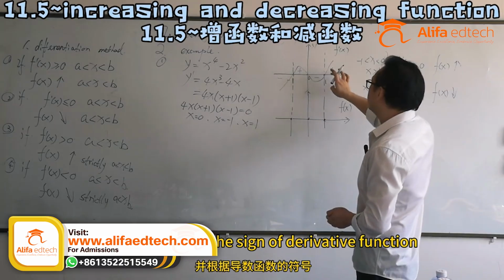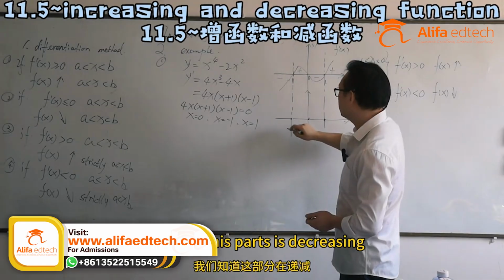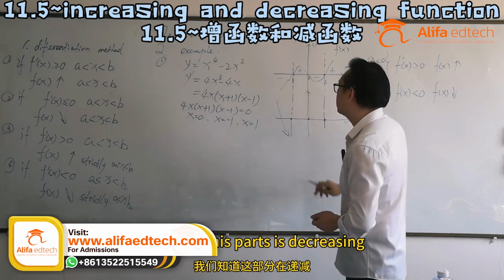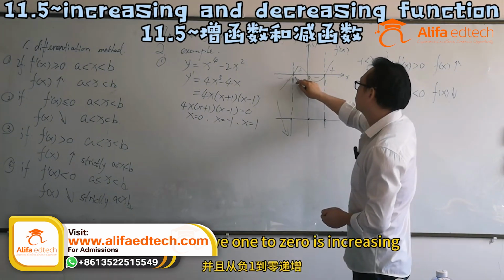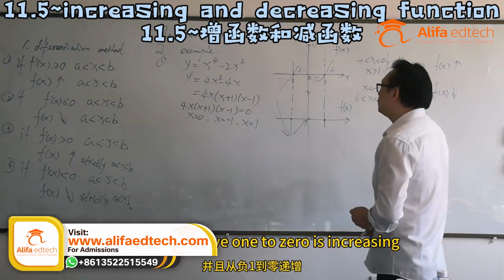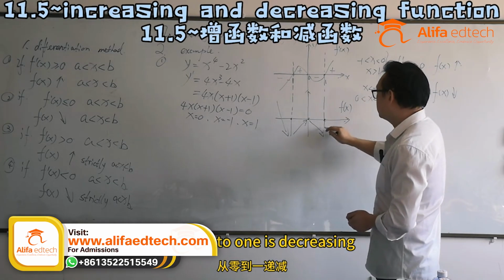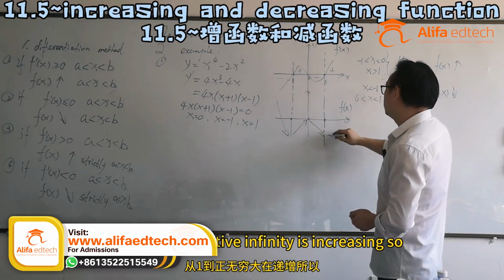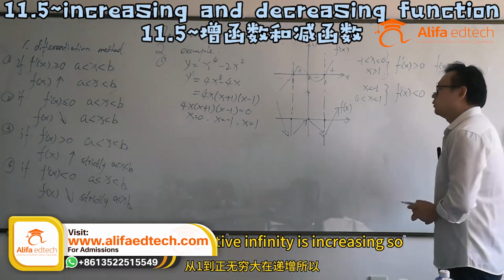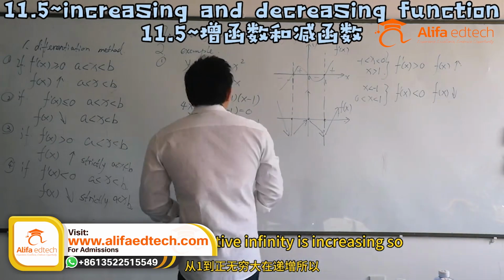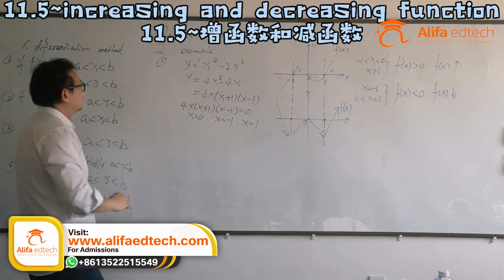And according to the sign of the derivative function, we know this part is decreasing, and from -1 to 0 is increasing. From 0 to 1 is decreasing. From 1 to positive infinity is increasing. So we get the monotonicity of this function.